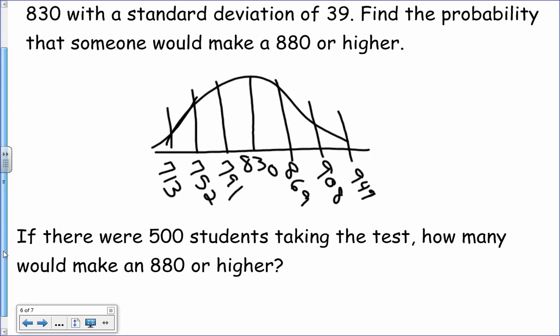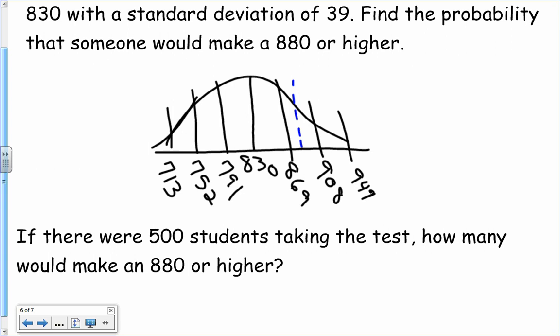Now, the question's right here. If there were 500 students taking the test, how many would make an 880 or higher? So we want to know the percentage that make 880 or higher, and then we want to multiply that percentage by 500. 880 is somewhere in this range. So we're talking about a small group of kids, right? Making 880 or higher.